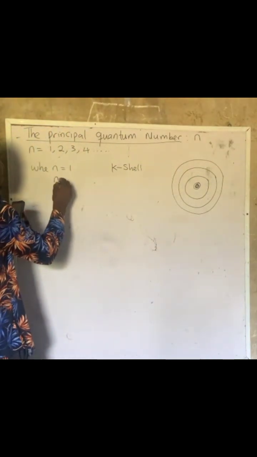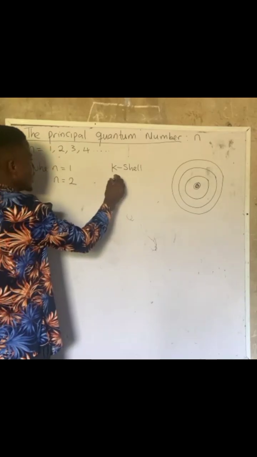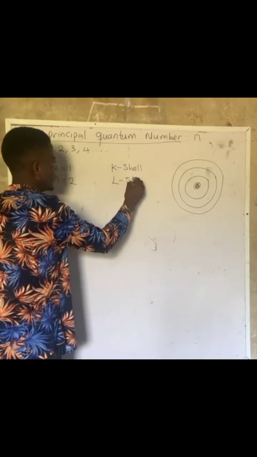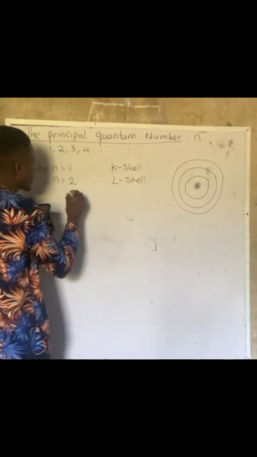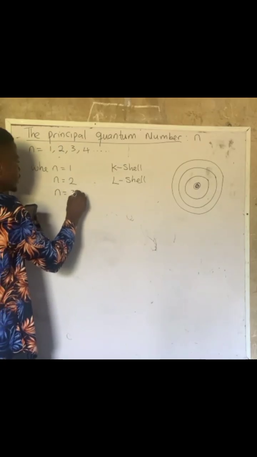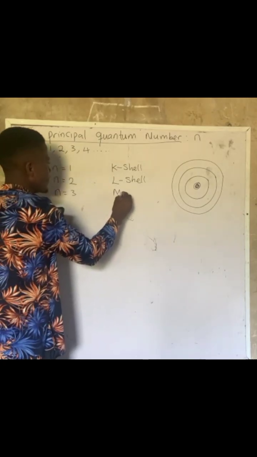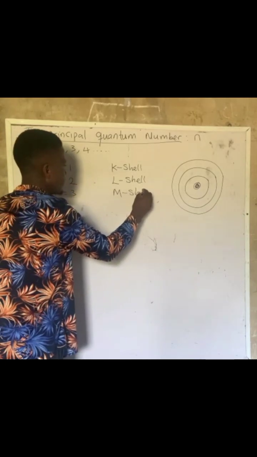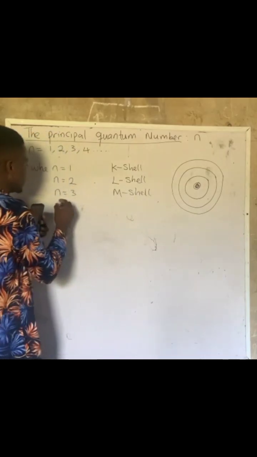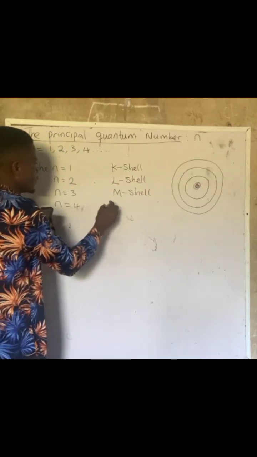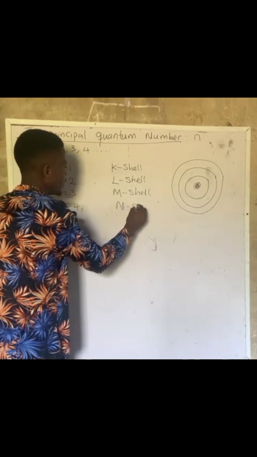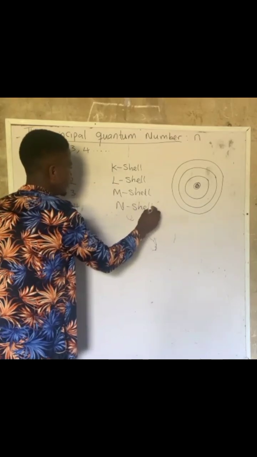When N equals 2, we have the L shell. When N equals 3, we have the M shell. When N equals 4, we have the N shell.